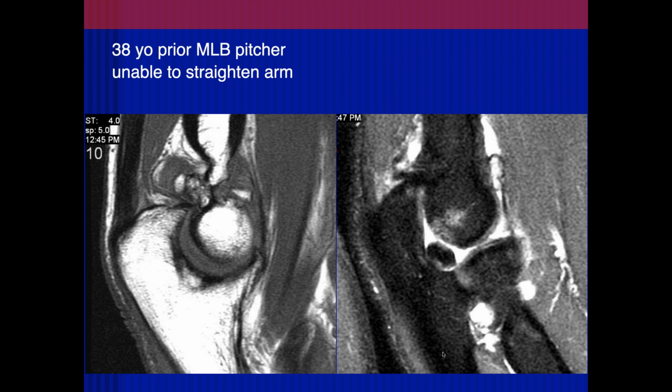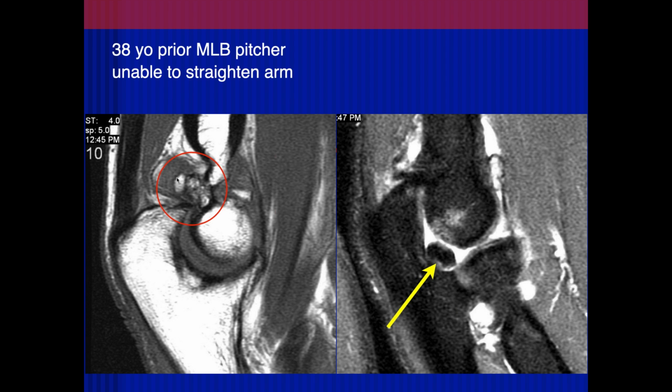A 38-year-old prior MLB pitcher unable to straighten arm. On the second image, you can see a loose body within the joint space right there. Yep, probably, and then some fragmentation. Loose bodies there as well. The olecranon won't allow it to extend either. So this is fairly common in Major League Baseball pitchers. Notice that he can't fully, as John said, he can't extend his elbow.